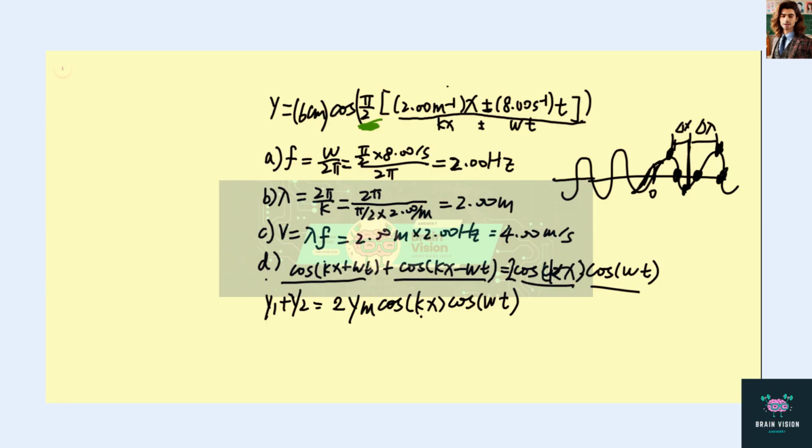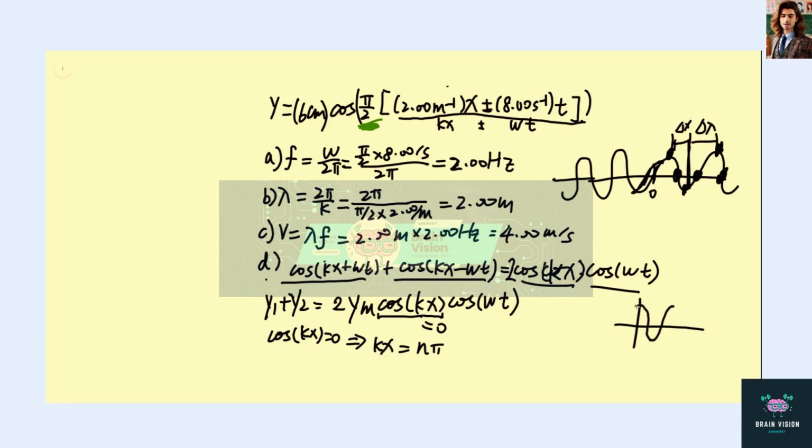Well, what happens at the node? A node is when cosine kx equals 0. So that means kx must be, let's actually draw a cosine graph.